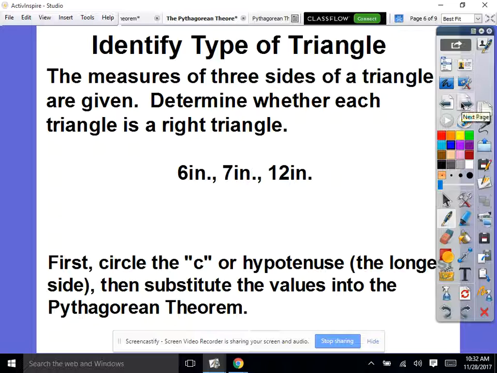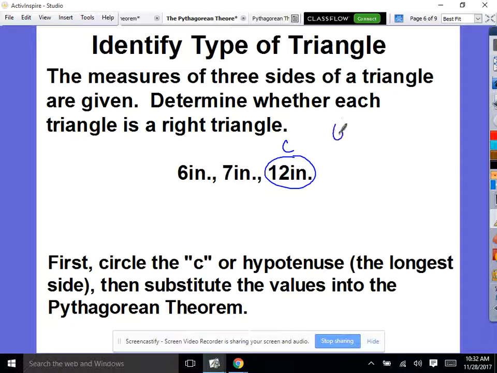Let's try another one. We have the measures 6, 7, and 12. Which one is the larger, or the C? That would be 12. So now we do 6 squared plus 7 squared equals 12 squared. 6 squared is 36. 7 squared is 49. 12 squared is 144.